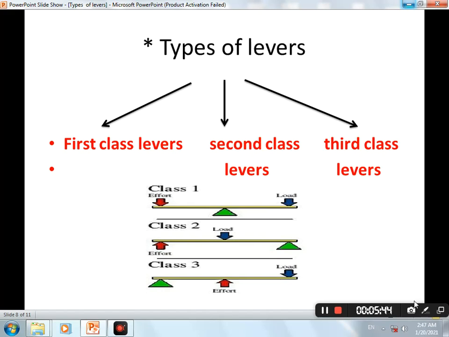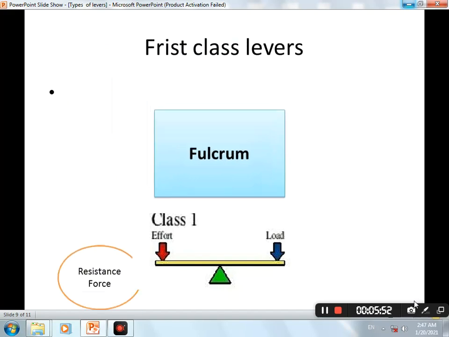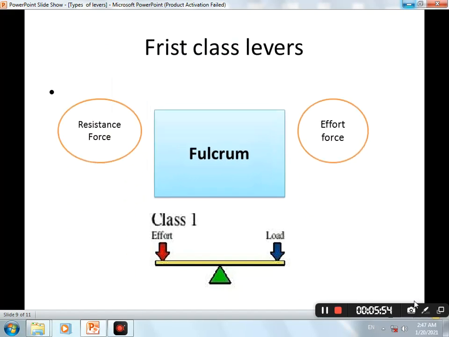In first class lever, we have the fulcrum between effort force and resistance. Okay, so it's a type of lever that has the fulcrum located between the effort force and resistance. Like what? What are the examples of first class levers?